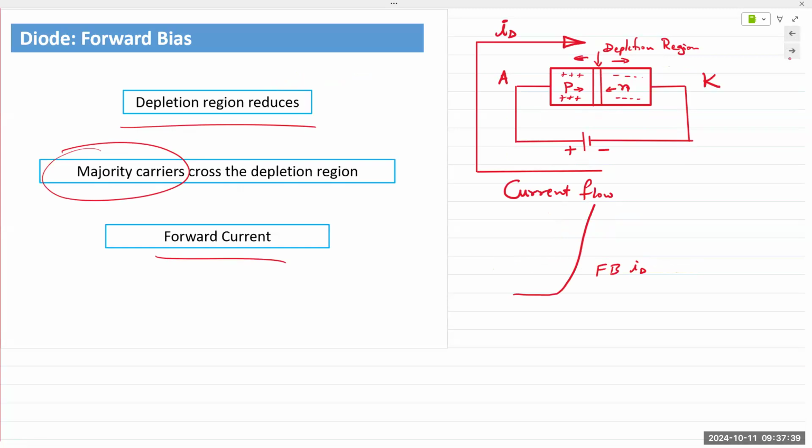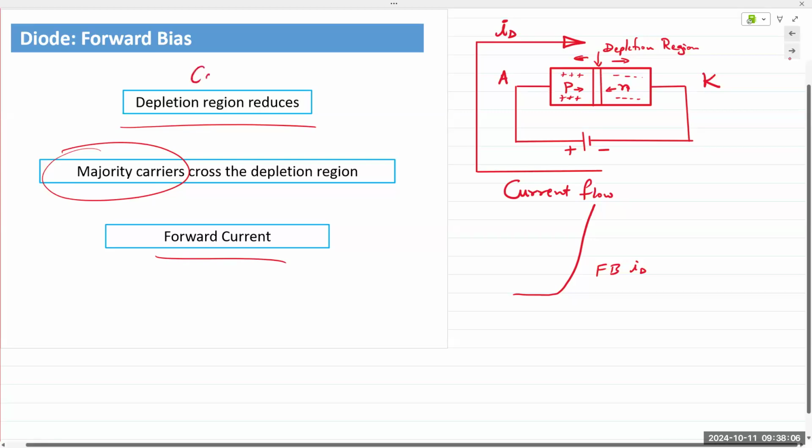So I assume the depletion region goes the other direction as well. Well, in the reverse bias, we see the depletion region increases. In forward bias, it does not actually decrease. It's just that the carriers have sufficient energy that they can cross over. I know I wrote down depletion region reduces here, but in reality it is that carriers acquire sufficient energy to cross over.